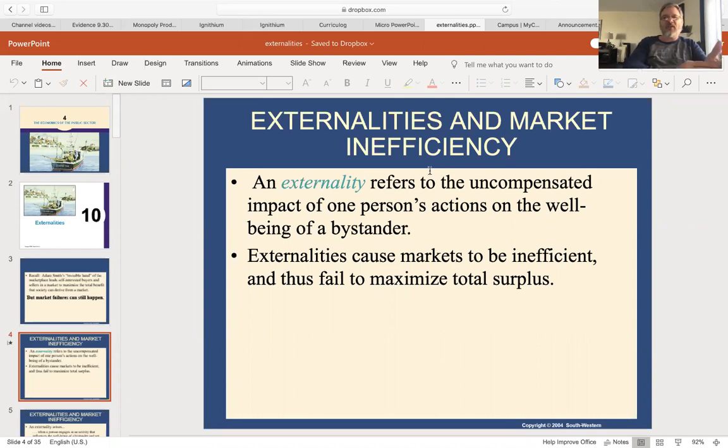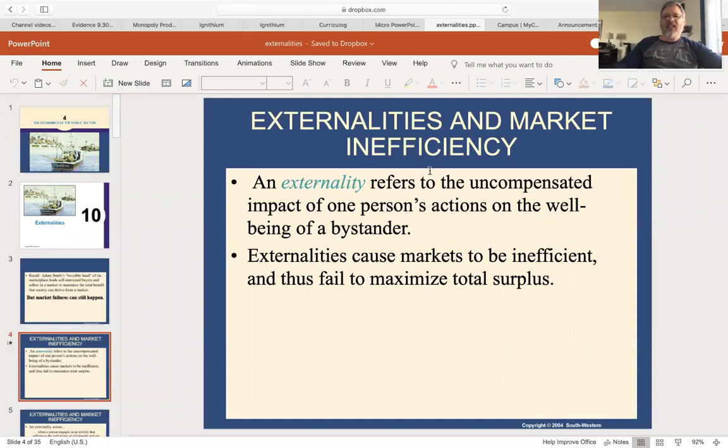Normally, remember, we focus on total surplus, which we show is composed of consumer surplus, producer surplus, and then tax revenues, because tax revenues can be spent to benefit somebody. So all of that is economic surplus.